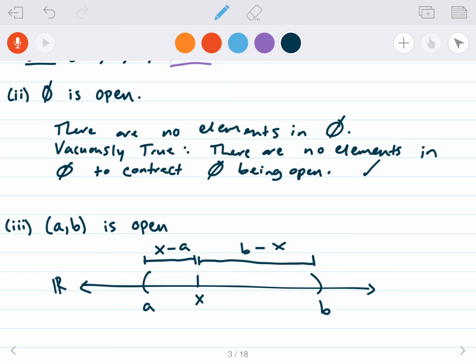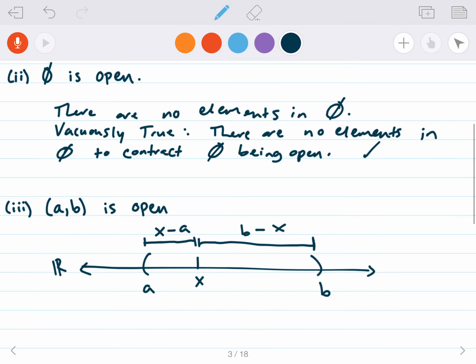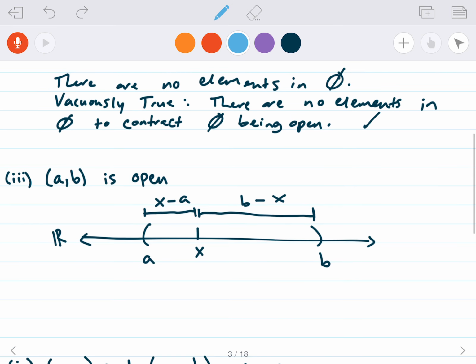To guarantee that we have a neighborhood that works, we can take our delta to be the minimum of these two distances. If it's the minimum distance, then there's certainly a neighborhood centered at x with radius delta that is completely contained in (a, b).